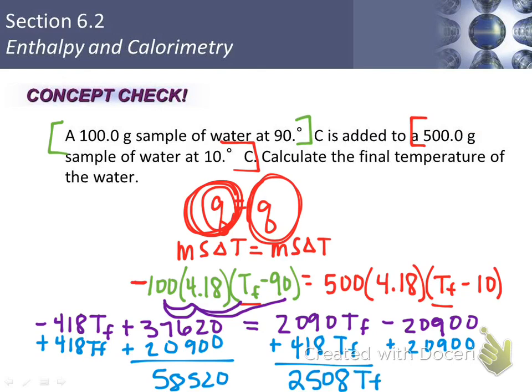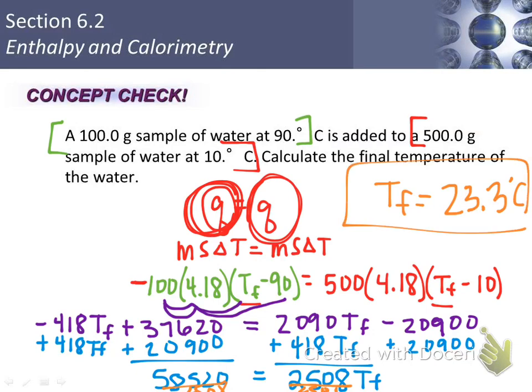And then my final step would be to divide over that 2508. Sorry, I'm running out of room here, but I would divide over 2508, and my temperature final comes out to be 23.3 degrees Celsius.